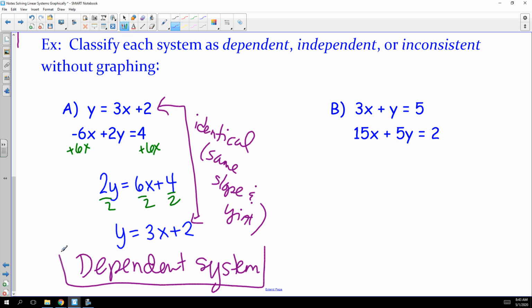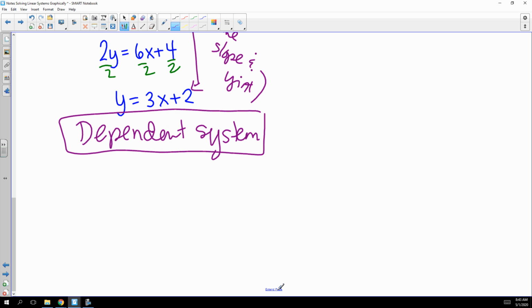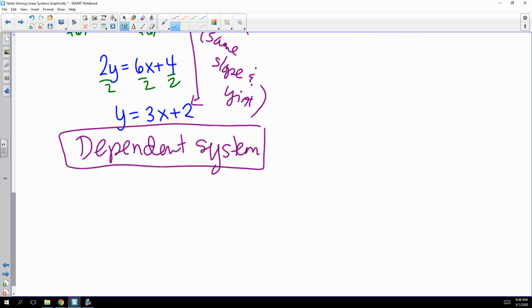A dependent system. If you're trying to write the solution to a dependent system, and you're not necessarily always asked to do that, but if you are trying to identify the solution to a dependent system, in Algebra 1, frequently we'll just say there are infinitely many solutions. That happens a lot because we're talking about all the points that lie on the line. So in Algebra 1, we'll say there are infinitely many solutions.